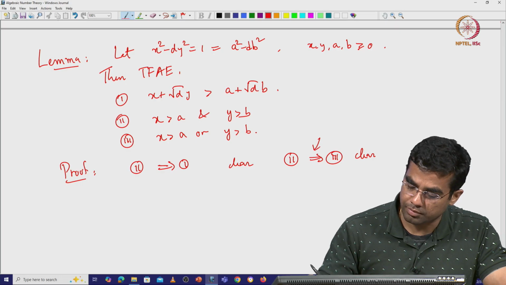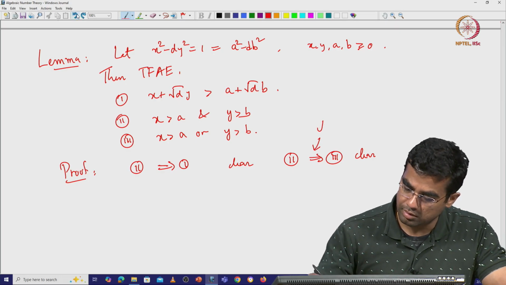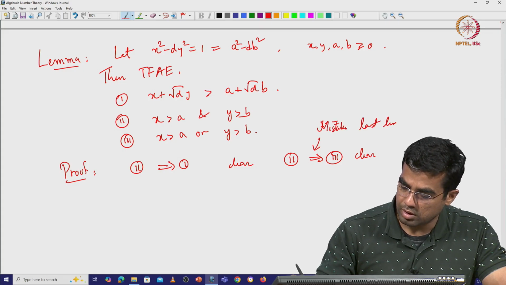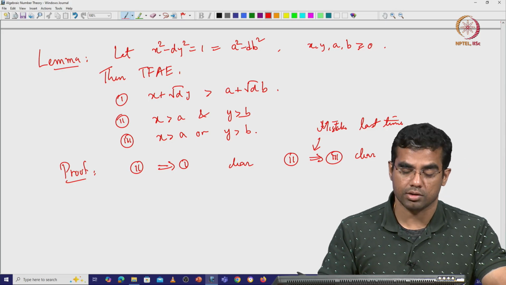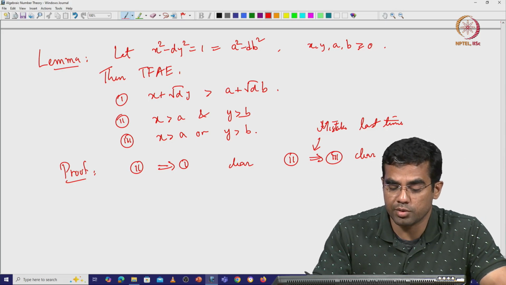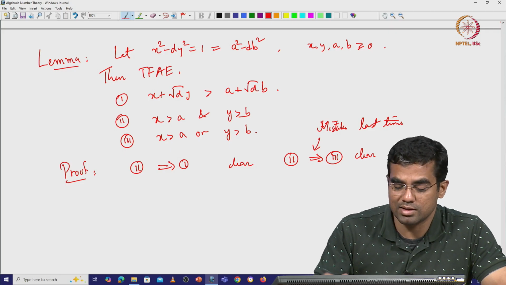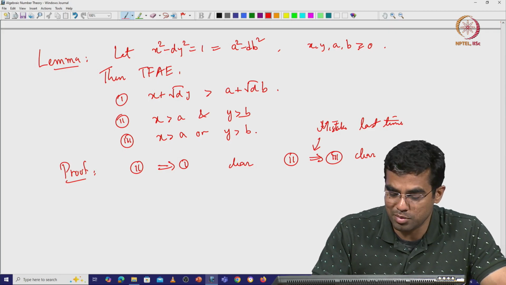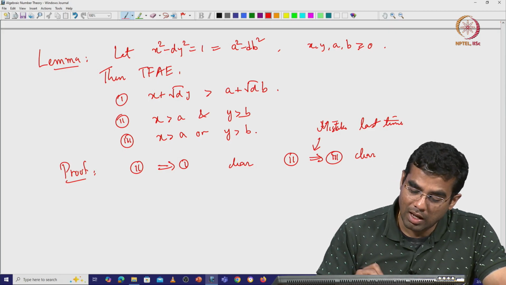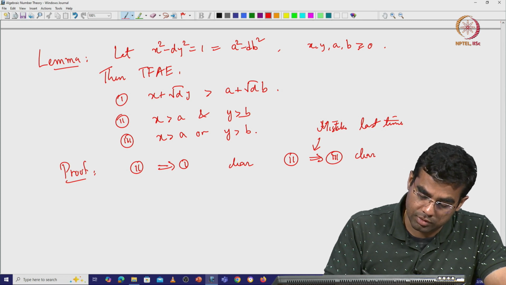I made a mistake last time, I wrote this in the other direction. Of course, if x is bigger than a and y is bigger than b, then x is bigger than a or y is bigger than b, not the other way around. And we proved something.